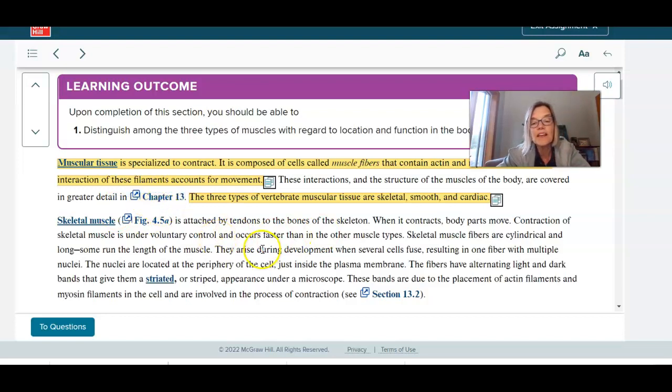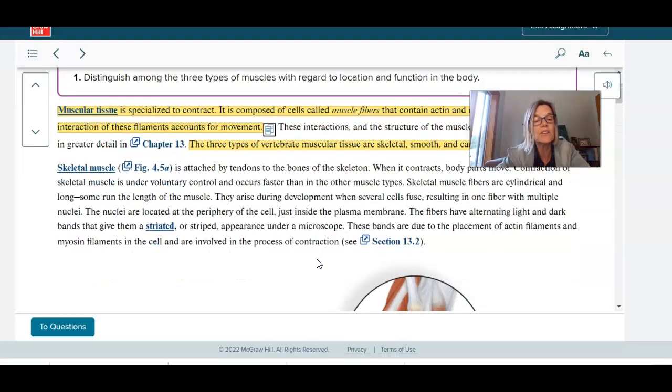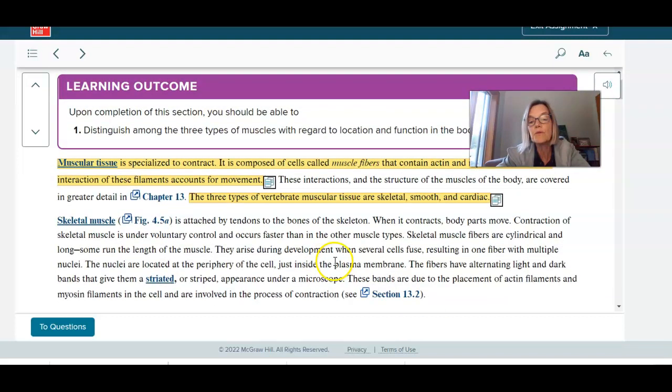Skeletal muscle is something that we call voluntary muscle, meaning it moves by voluntary action. We can decide consciously whether we want to move those muscles or not. So skeletal muscle moves the major bones of the skeleton, and it's voluntary.